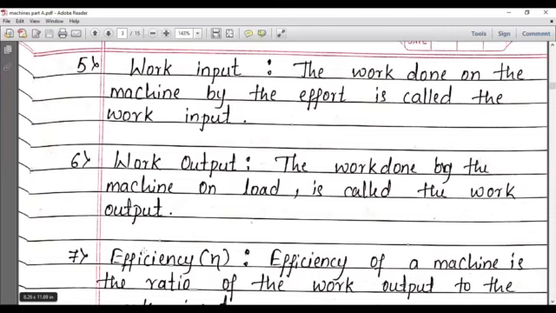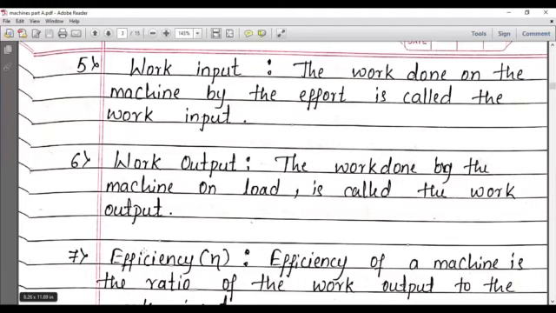You are applying some effort, and effort is nothing but force into displacement, that does the work, and it is known as work input. Work input is nothing but work done by the effort. Next one, work output.